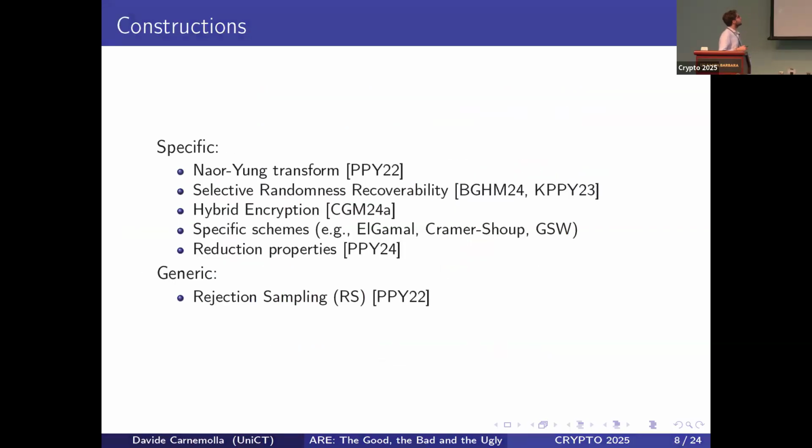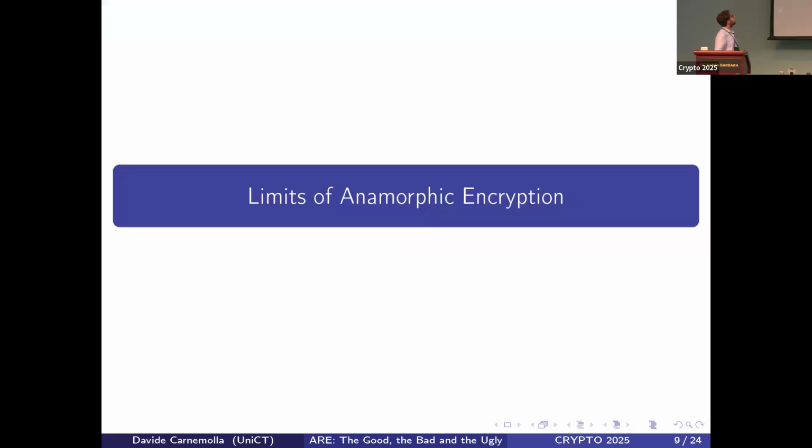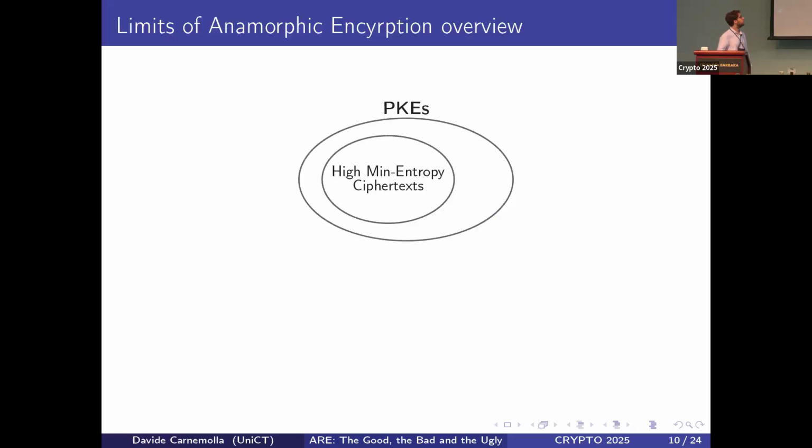We know several constructions of anamorphic encryption, and some of them are for specific encryption schemes, but we also have a generic construction that makes use of rejection sampling, but that is not as generic as expected. So we can talk about some limits of anamorphic encryption.